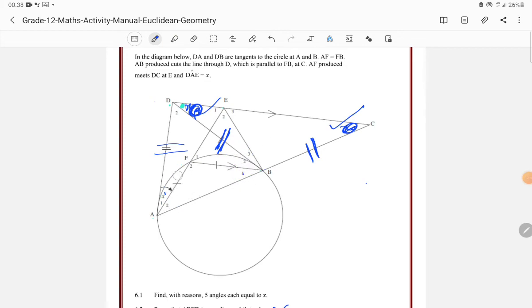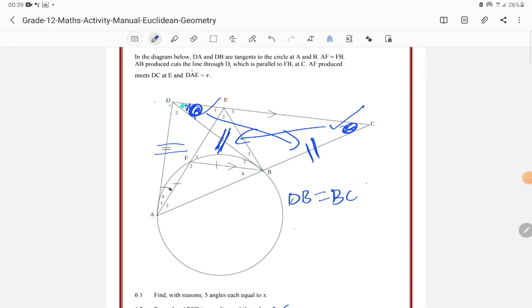So we are almost done. So UBD is equal to UBC, because these two angles are equal, so they have to face equal sides as well.